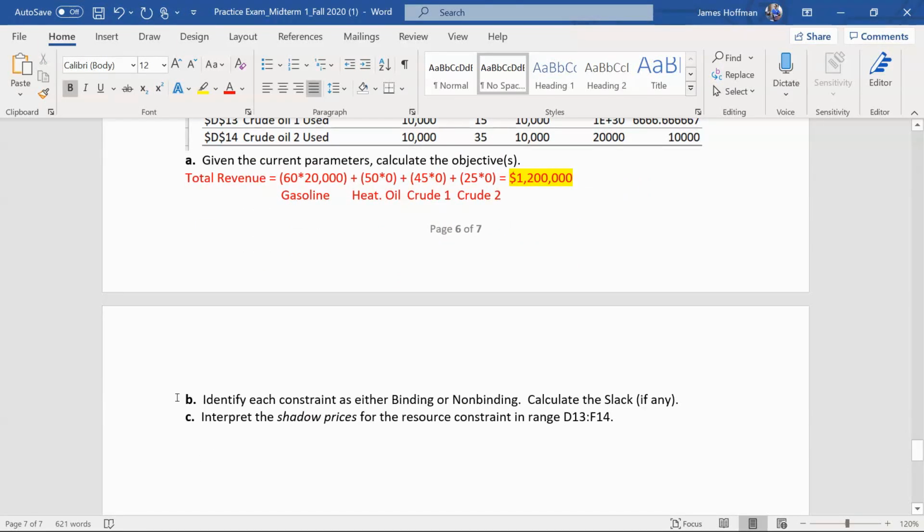All right, and then part B, you can list the constraints and determine if they're binding or non-binding. Again, I think I'm just going to start with what I did before, and then it'll save some time. So let's start with these ones.